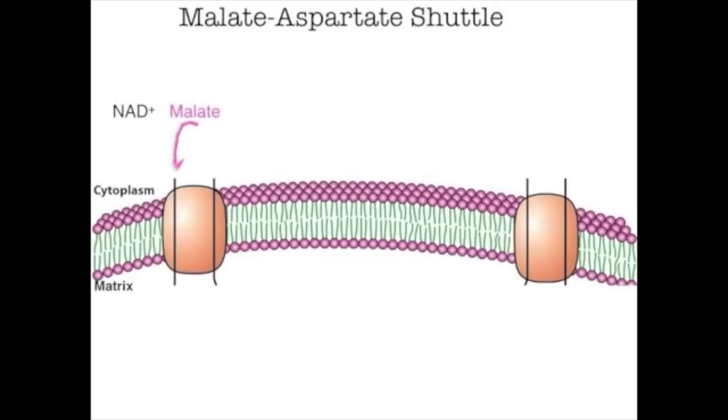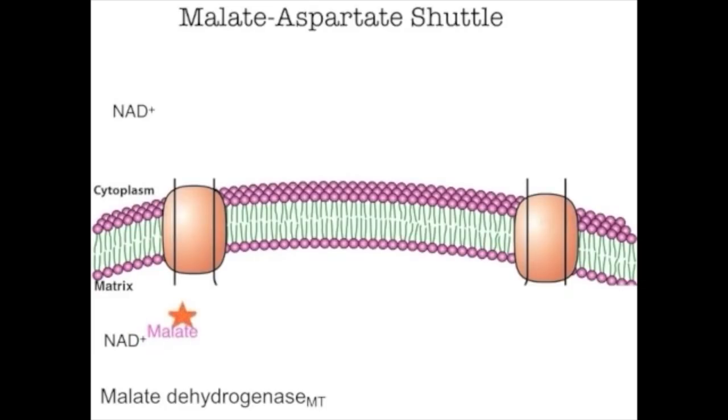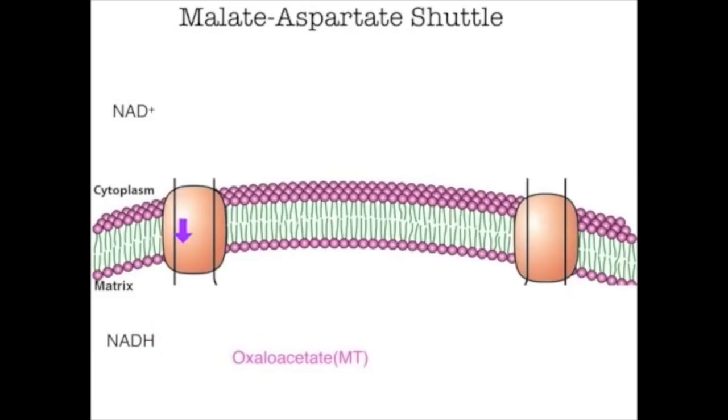Malate will leave the cytoplasm and go into the mitochondrial matrix. Once there, it will be oxidized again to form oxaloacetate and reduce NAD+ to NADH. And so now we have our electrons transferred from the cytoplasm into the mitochondrial matrix. And that's what we want.